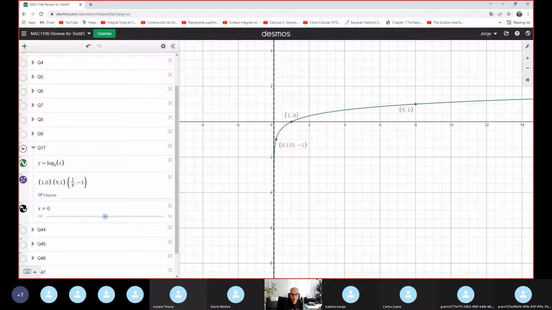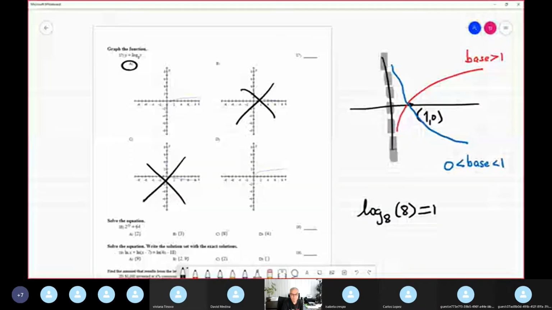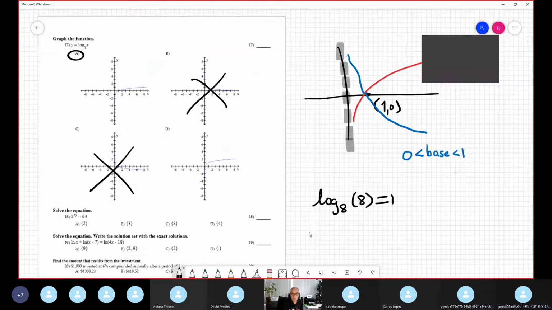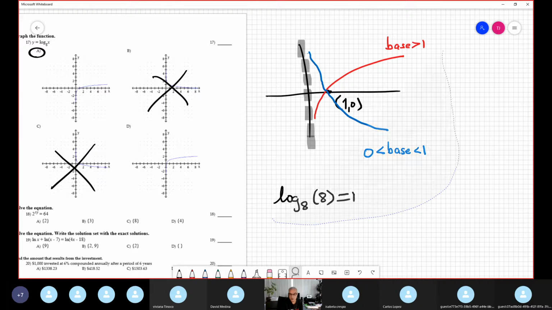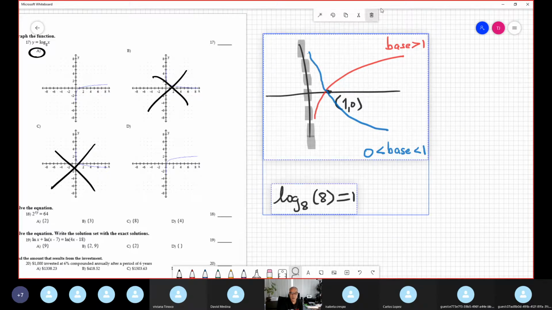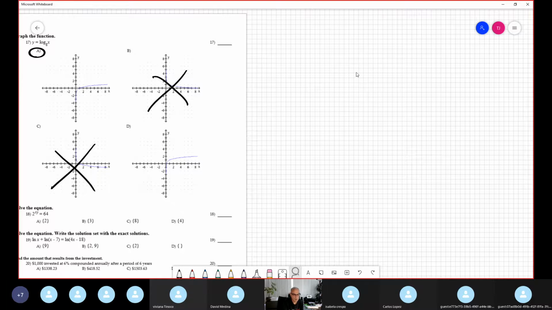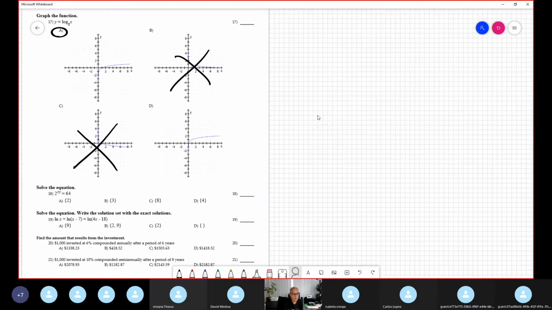Okay. Move on to whiteboard. Okay, now we have some exponential equations and logarithmic equations. Okay. Number 18.